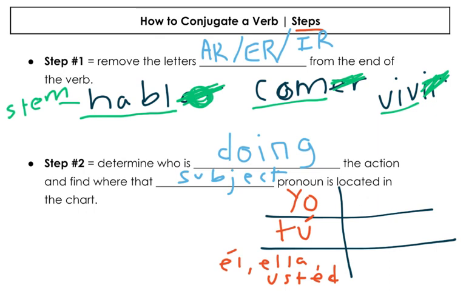And then in the top right we got we. There's 2 we's. We got nosotros. And we also have nosotras. Sorry, my handwriting is kind of bad. It's hard to write on here. And then for the sake of making things easier, we are just going to write an X through this box.